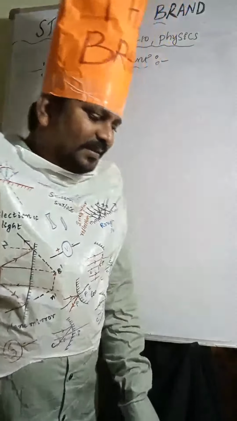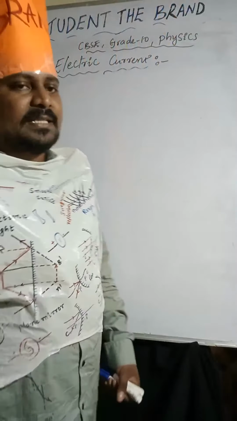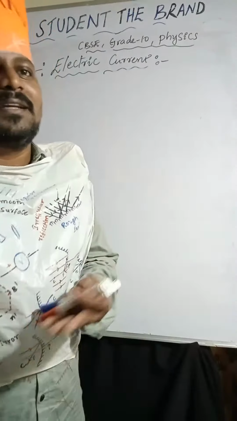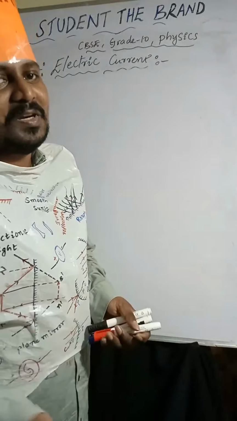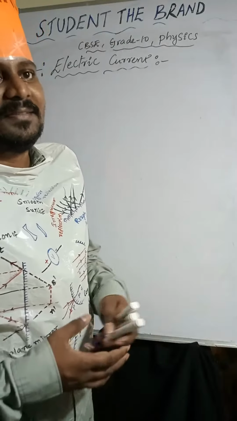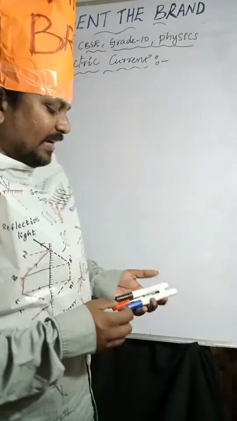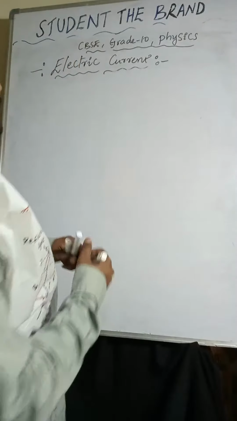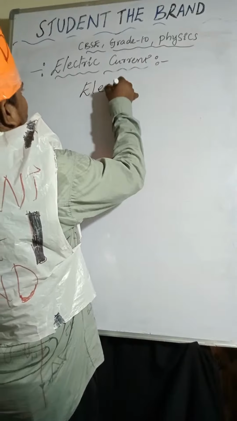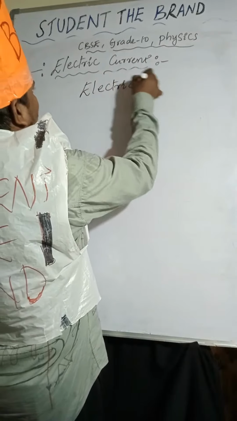So it is also resistance, and it is variable at the same time. When resistance is varying, automatically current also changes, right? So R is inversely proportional to I. V equals IR. Then now, the electric circuit.